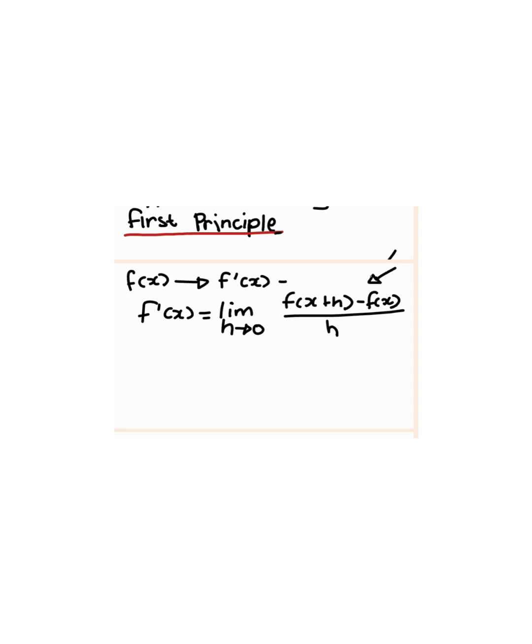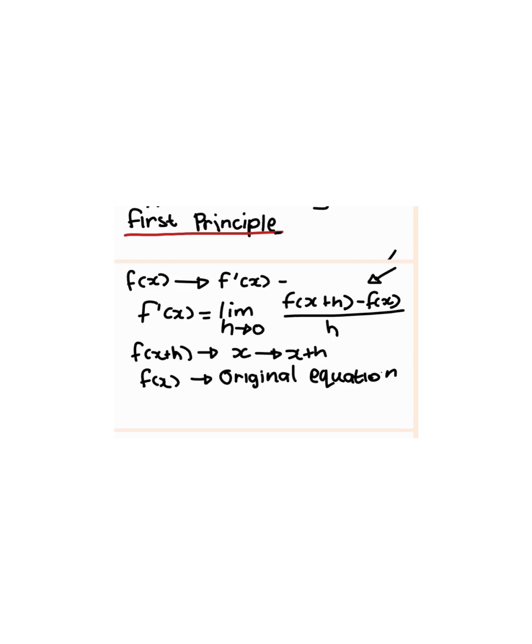So what it means is that if we say f at x plus h, depending on what equation they have given you, wherever you see x, you're going to replace it with x plus h. And then your f at x is just the original equation that they've given you. You just plug it in as it is.